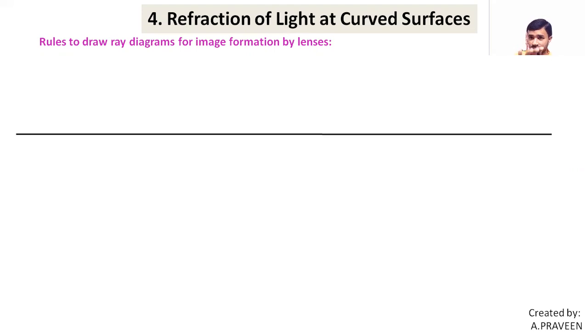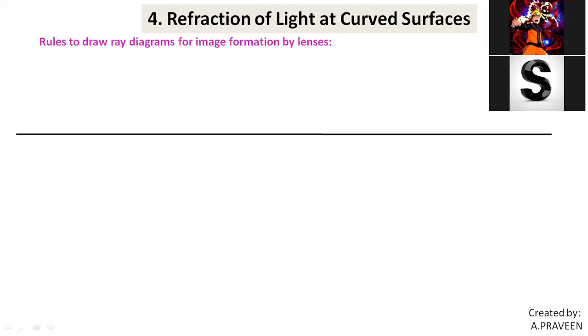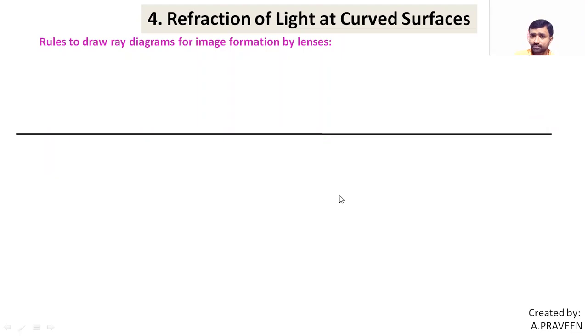Here for explanation purposes, I am taking a convex lens. Is it clear, everyone? This rule is applicable for concave or convex, right? Just blindly follow my rules. Then easily you will get the characteristics fixed, no change. Blindly you will get it, without by-hearting, without remembering, without any logic.